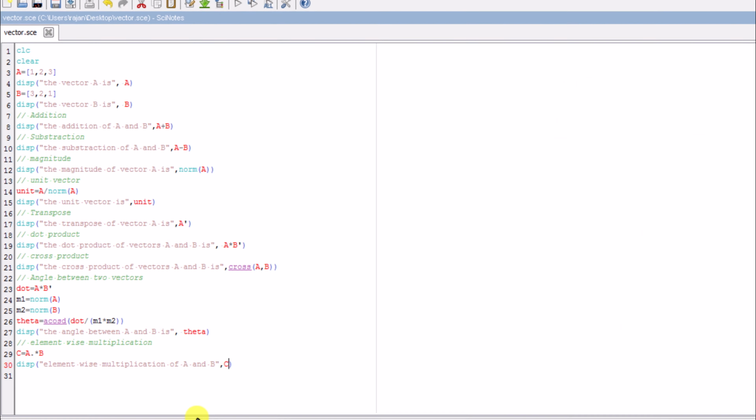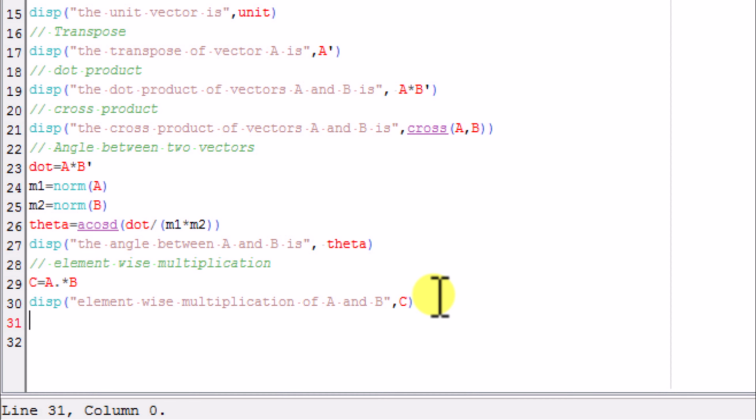Similarly, if we want to perform element wise division, which operator will we use? Dot divide.